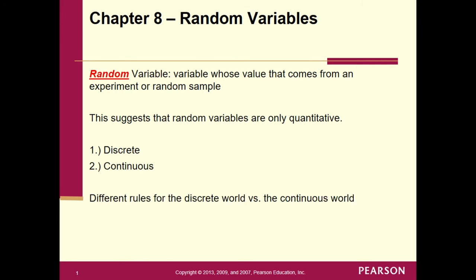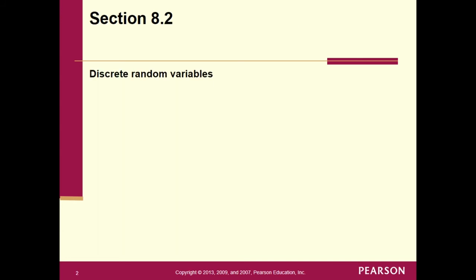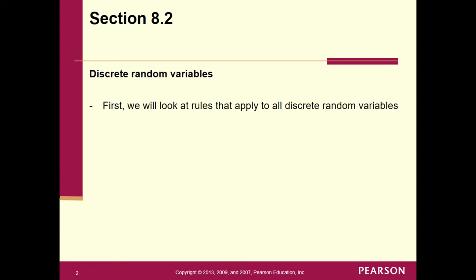And what we have to realize, this is important, is that there are different rules for the discrete random variables versus the continuous random variables, and we have to keep them straight. Today, we're going to go over the discrete random variable stuff. So first, we look at the rules that apply to all random variables. That's what we're doing with these slides today.